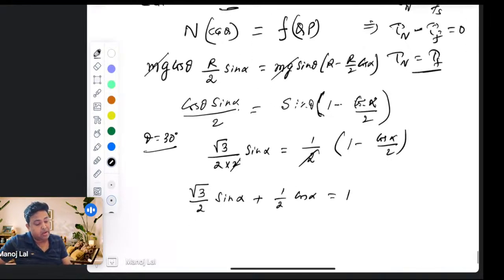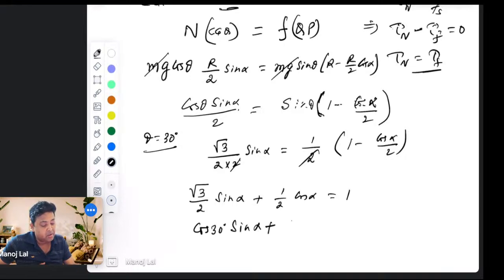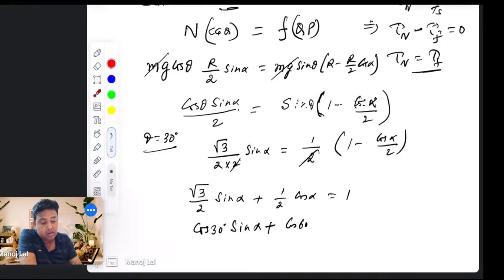So root 3 by 2 is cos 30, and 1 by 2 is sine 30.